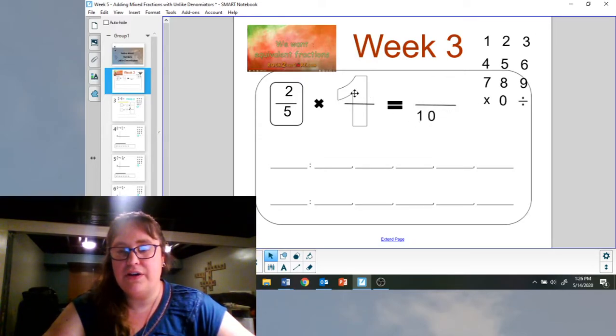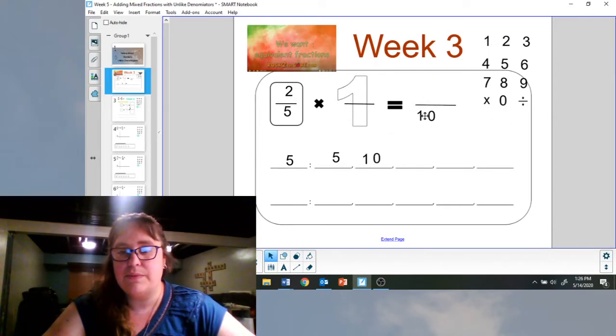And so I've got to figure out what my numerator is going to be. So I bring down my denominator, the 5, and I'm going to skip count out with that. So 5, and then 10. There's my new denominator.